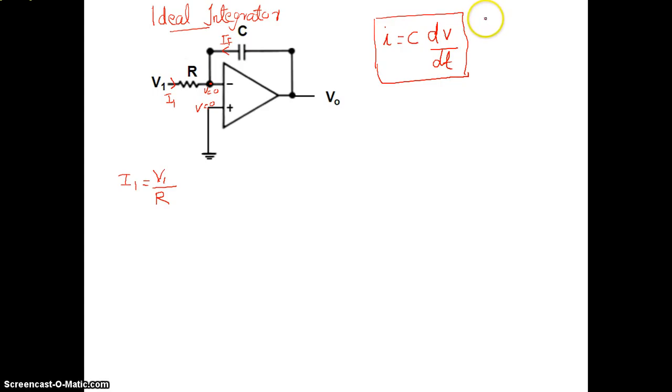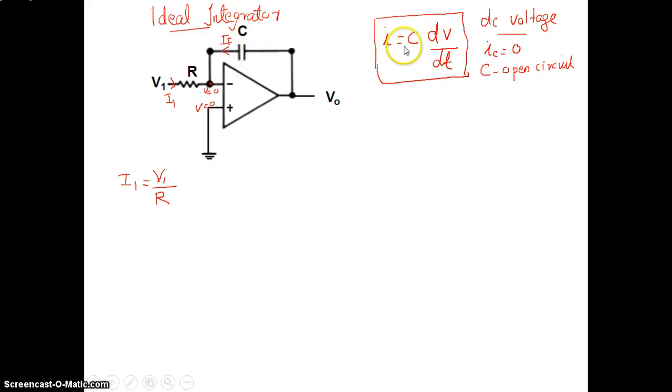So for a DC voltage, the current through the capacitor IC will be equal to 0. So the capacitor will be open. For a DC voltage, the capacitor will be an open circuit. For an AC voltage, the capacitor will work.